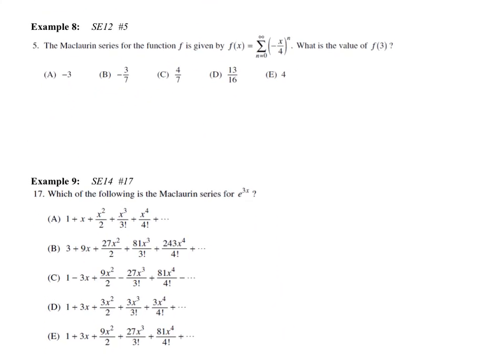So we have a Maclaurin series for the function f given by that formula. What is the value of f of 3? So f of 3 means that our series would be the sum from 0 to infinity of negative 3 over 4 to the power of n. This is a geometric series with the first term a equal to 1, and the common ratio is negative 3/4, which is a convergent value for the geometric series.